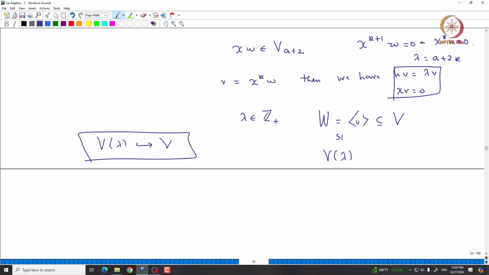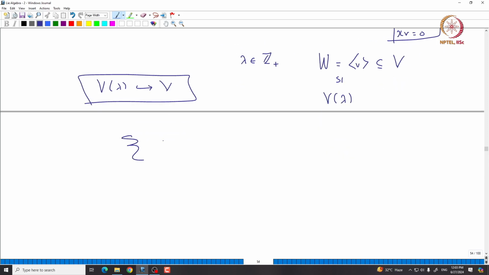Okay. Actually, one can prove this in multiple ways. For example, we can look at all possible sl2 submodules inside capital V. Okay. So, basically consider the set of V dash, where V dash is an sl2 submodule. Now, we can put inclusion as a partial order on this. Okay. Now, look at the dimension of all these spaces. Okay.